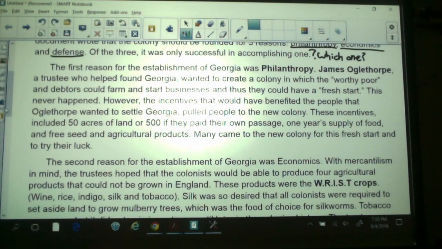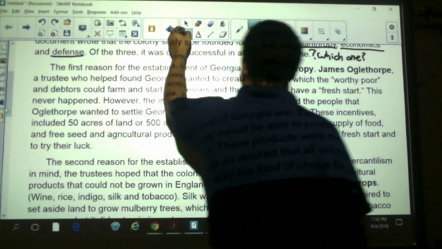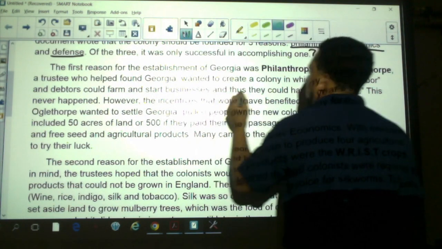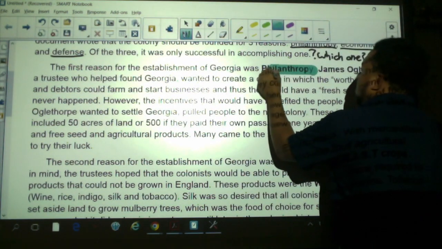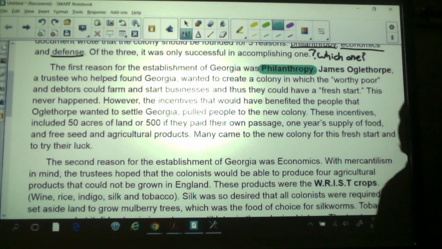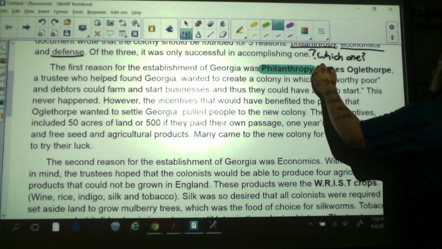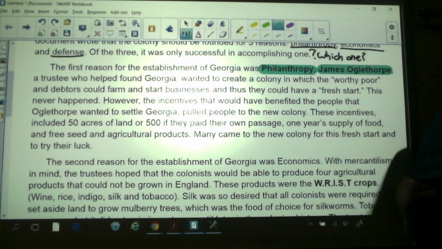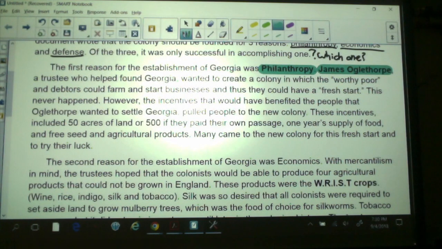All right, it said the first reason for the establishment of Georgia was philanthropy. Once again, we have a highlighted word. All right. James Oglethorpe, another highlighted word. Okay. A trustee who helped found Georgia wanted to create a colony in which the worthy poor and debtors could farm and start businesses and thus could have a fresh start.